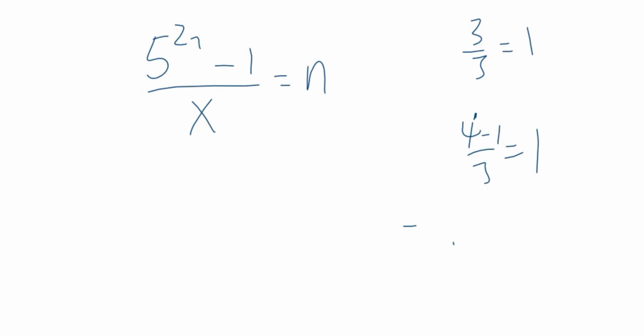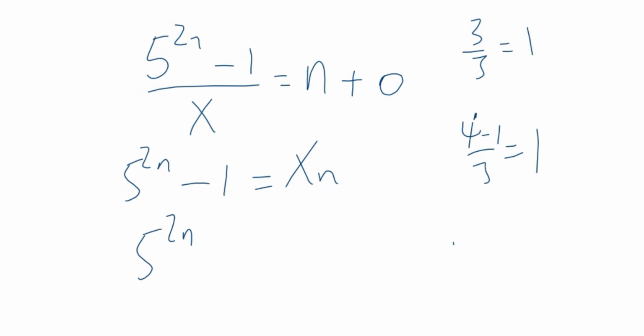Since it is a factor, we say plus 0. There will be no remainder. So we'll be solving this by algebraic expression. So you have 5 exponent 2n minus 1 equals xn. Bringing like terms together, we have 5 exponent 2n minus xn minus 1 equals 0.